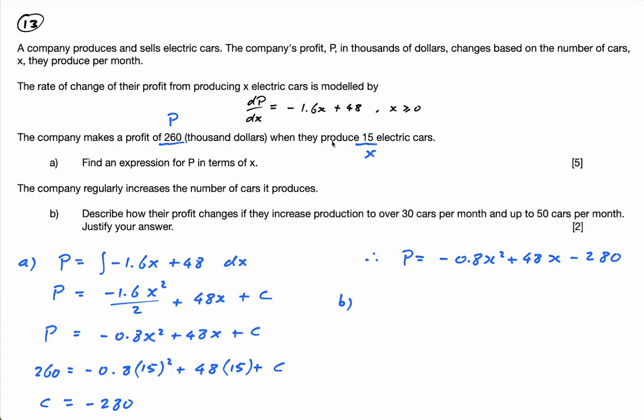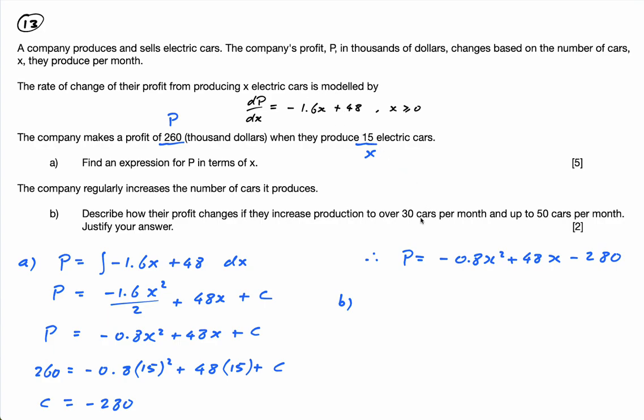The way to do this, there's a number of ways to think of it. You could sub in 30 into this, and you'll see that between 30 and 50 is where this starts to become negative, because if you sub 30 in there, you get 0.